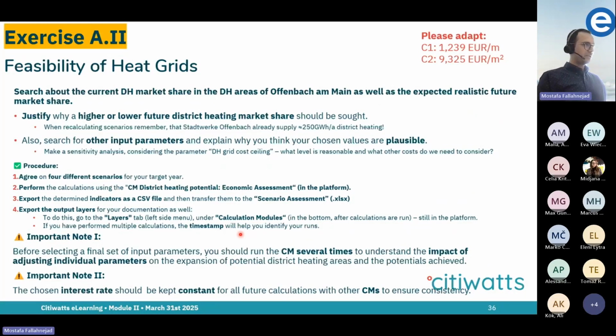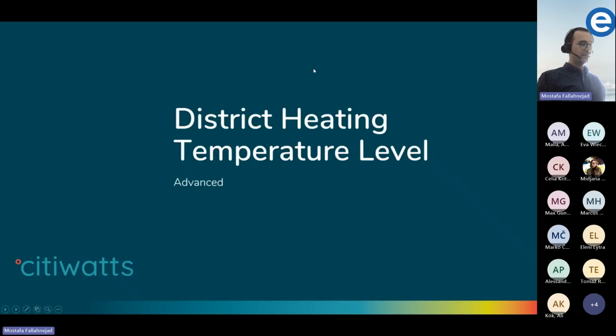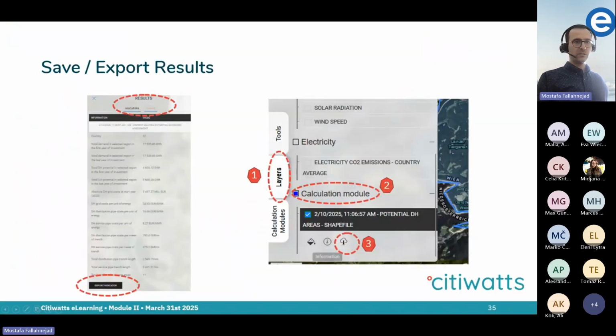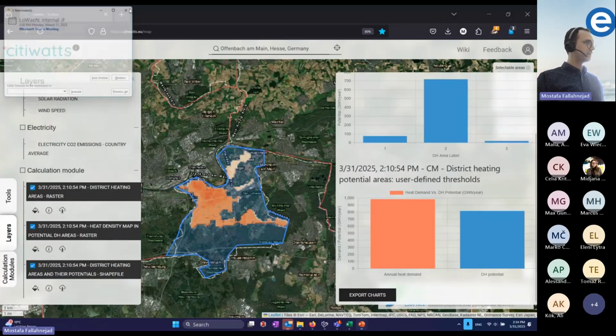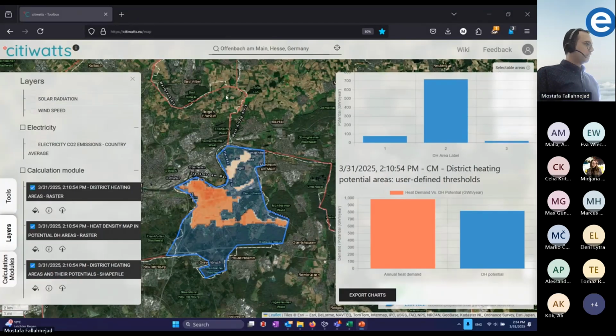Before I jump into the exercise, I will show a demo of the calculation module. I just need to go back to the platform. I have selected the region, still Offenbach. For this calculation module, you need two layers, current and future.